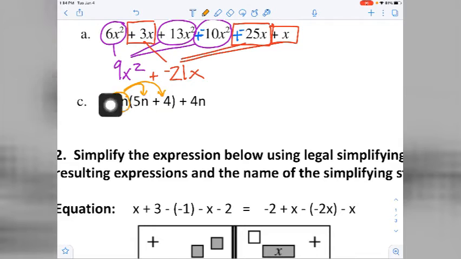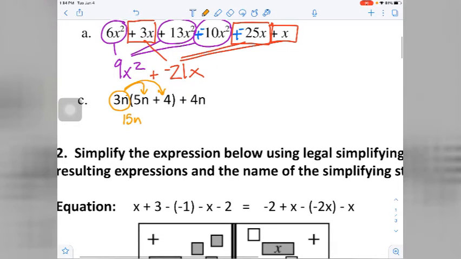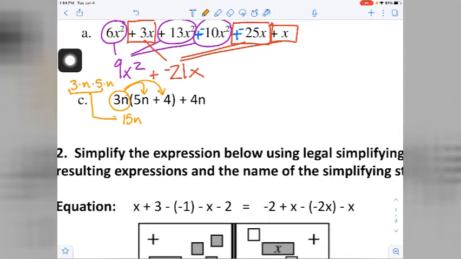If it was 3 times 5n, you would do 3 times 5 is 15, and this would be 15n. However, if you have 3 times n times 5 times n, which is what this is saying, the 3 times n times 5, this is 15n, right there, right?